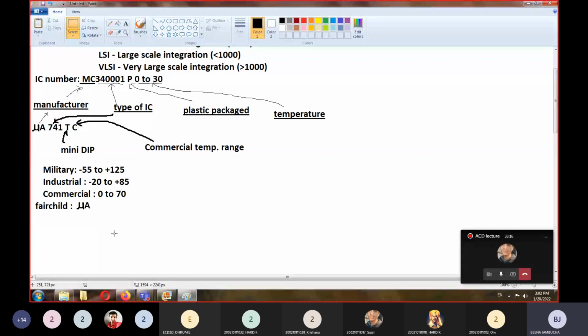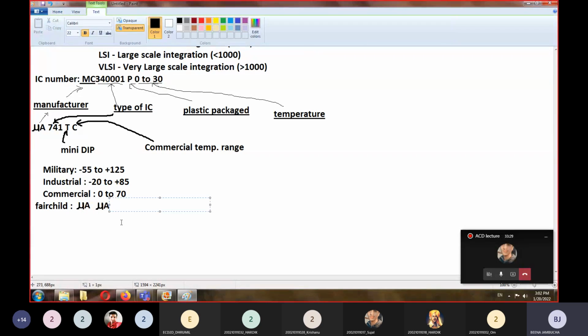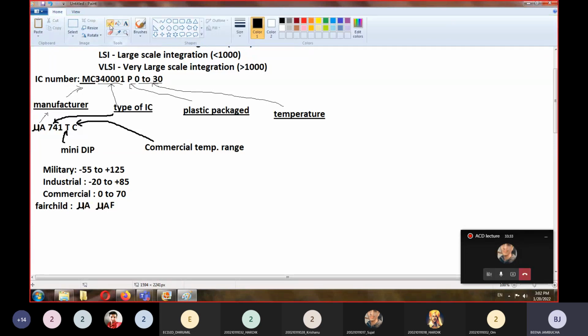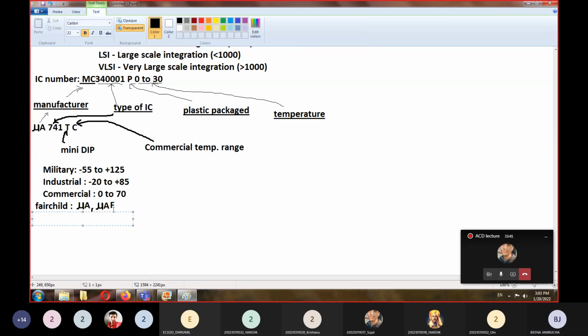Or sometimes mu AF is also written. So you can understand, okay, this is a Fairchild fabrication. Then national semiconductors.